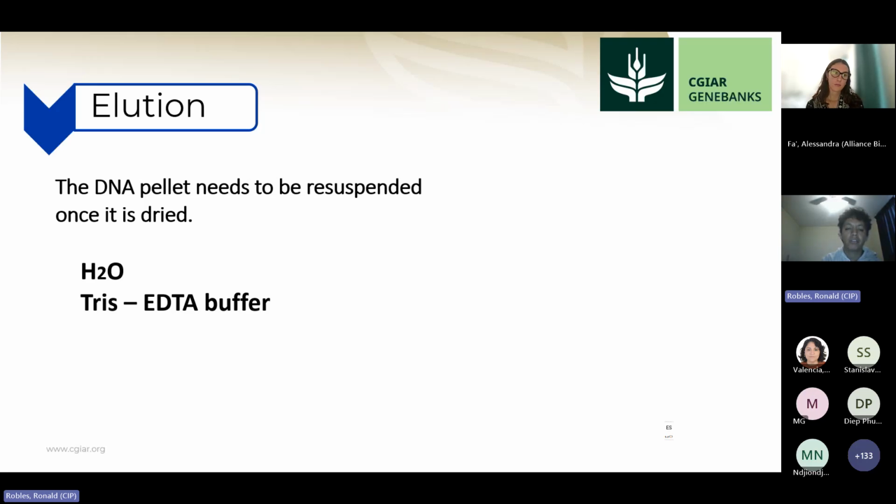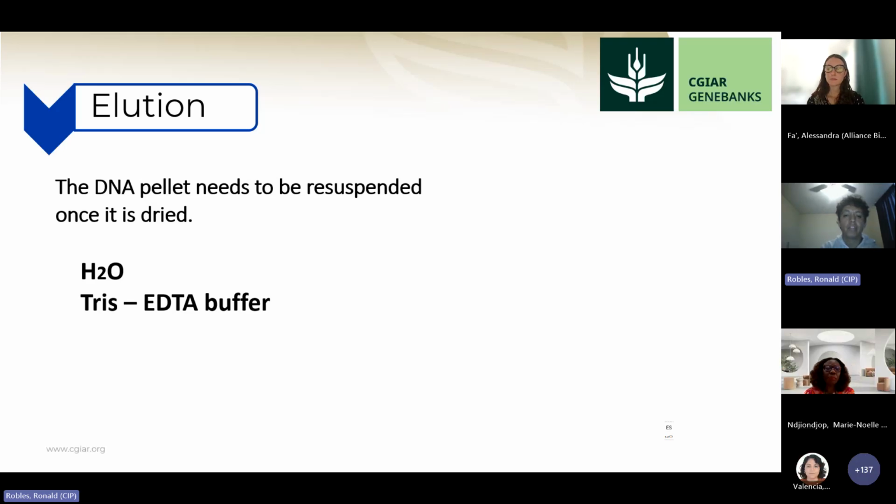And as I mentioned earlier, in the next presentation, we will hear a lot of protocols and specific conditions in the protocol that you will use for your specific tissue or your specific condition.